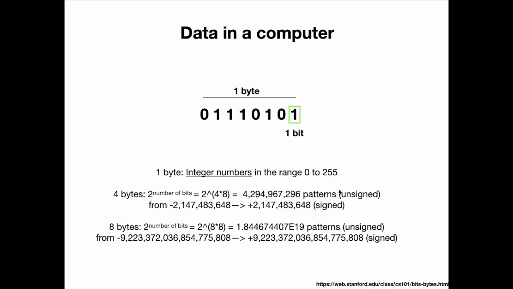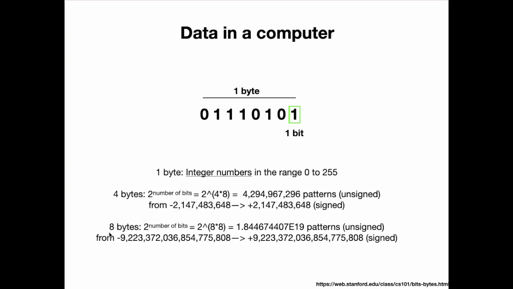If you take into account the sign, so imagine that this number has to vary in the negative range and in the positive range, the maximum extent is divided by 2, so it will range from minus 2 billion to plus 2 billion.